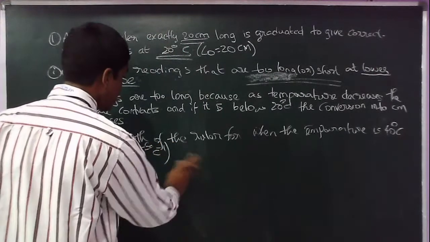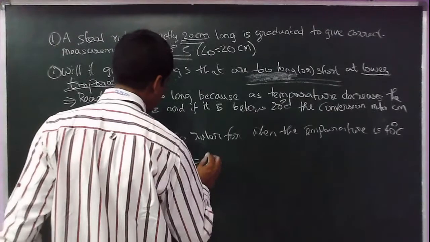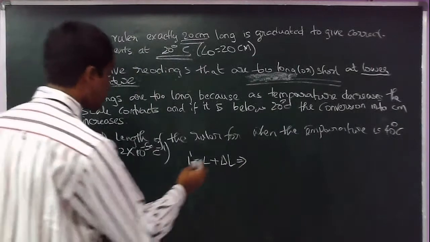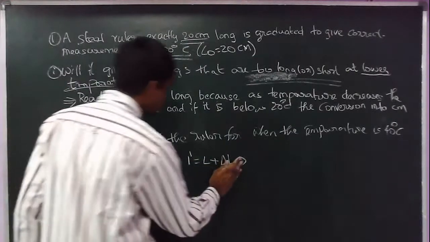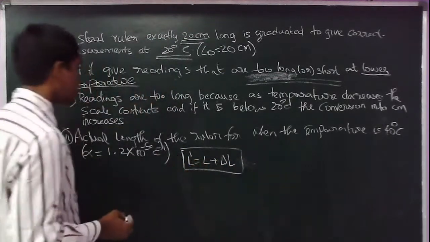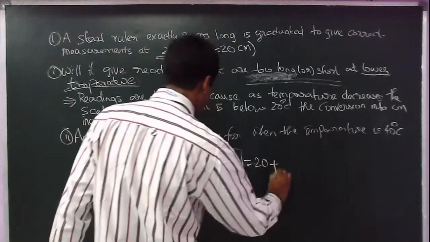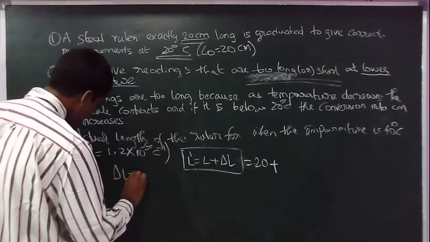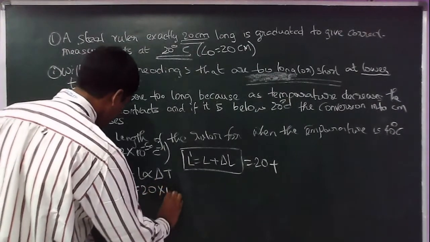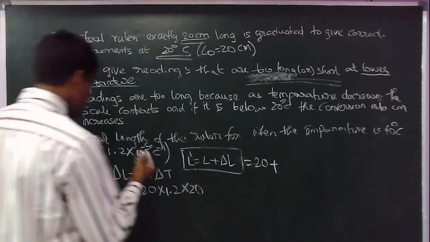Now they are asking the actual length. So L dash is equal to the initial length plus the expansion, the change in length. If you find out delta L, you can solve for L. L is 20 centimeter plus delta L. Delta L is equal to L alpha delta T. L is 20, alpha is 1.2, the temperature change is 20, into 10 to the power of minus 5.